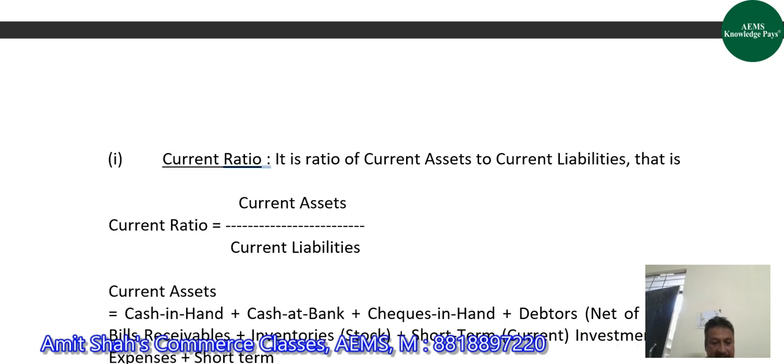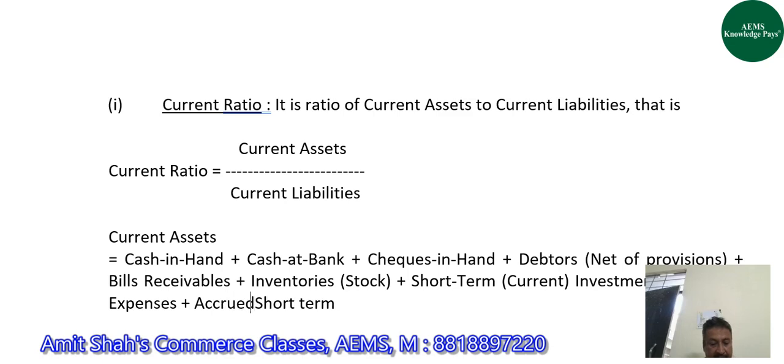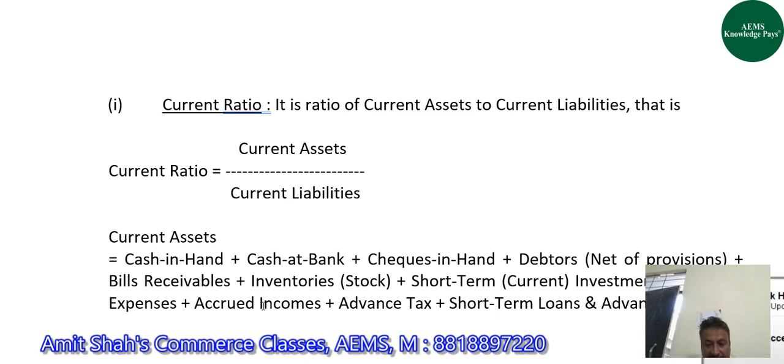Prepaid expenses, accrued incomes, advance tax, short-term loans and advances that the business has given.